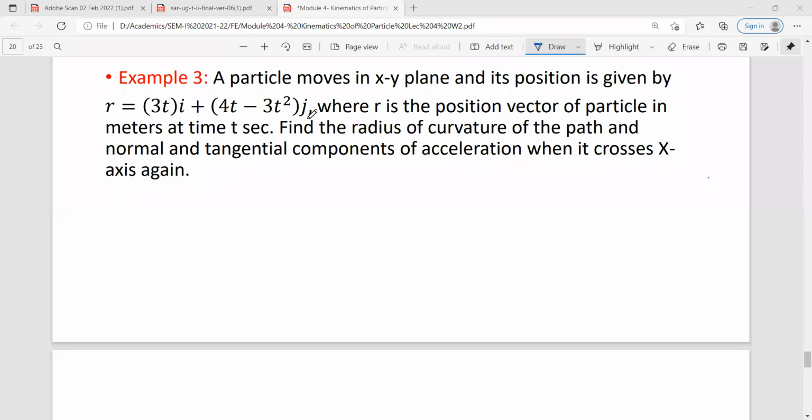This equation is given, so I will write down what is given to me. Given is position vector r is equal to 3t i plus 4t minus 3t square j.